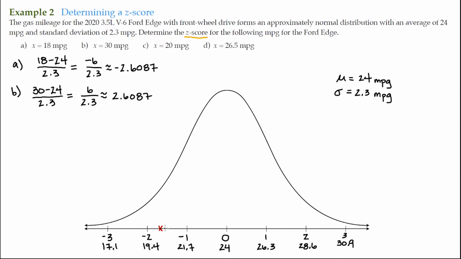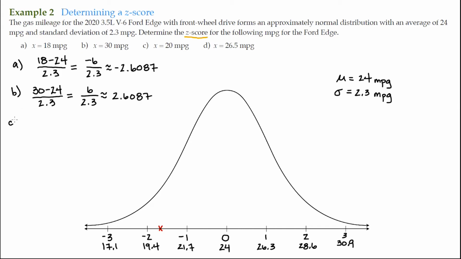So now I can see what's occurring. I want to know where 20 miles per gallon is in relationship to 24 miles per gallon. You should know that 20 miles per gallon is less than 24, so it's going to sit to the left. We just want to know how far to the left. That's what the z-score tells us.